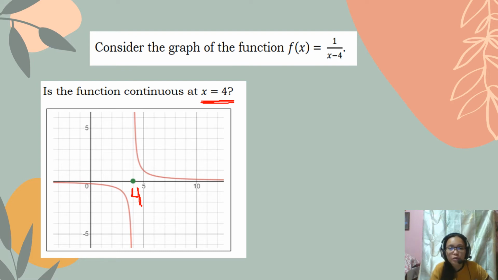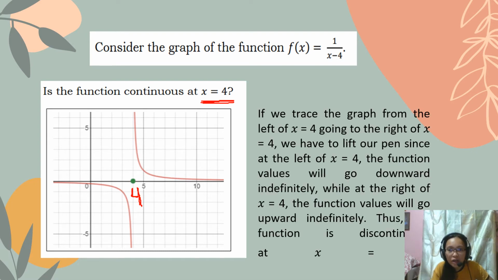Yes or no? And when you try to trace the graph from the right going to 4, do you have a y value? Okay, try to think. Try to investigate with me.